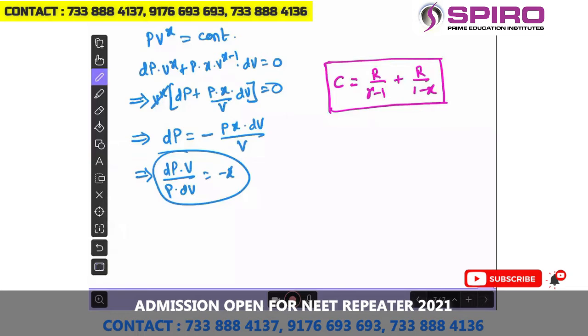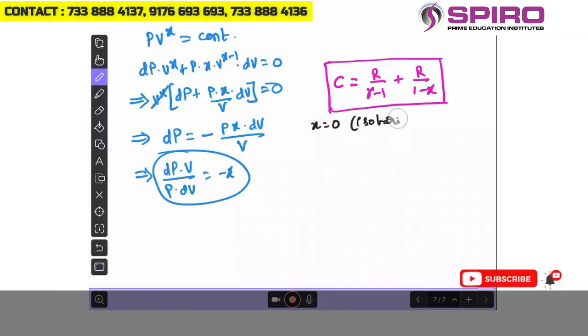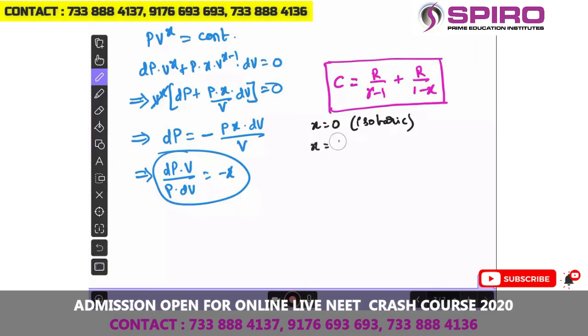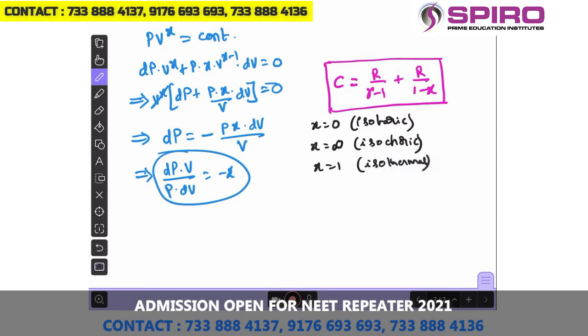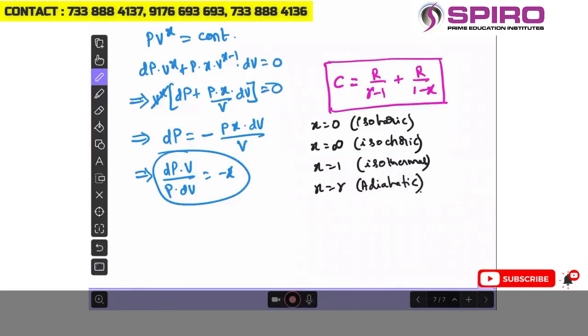The value of x equals 0 for isobaric process, x equals infinity for isochoric process, x equals 1 for isothermal process, and x equals gamma for adiabatic process, right? So these are various special cases of polytropic processes.